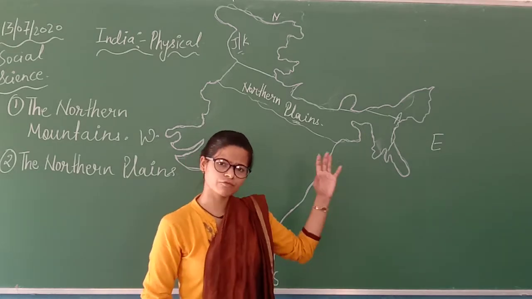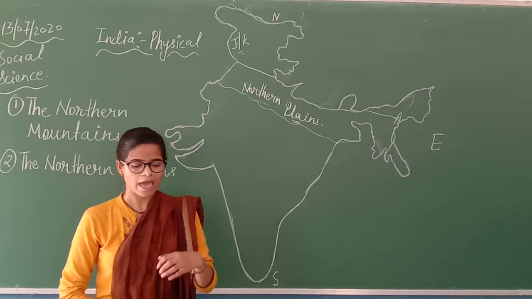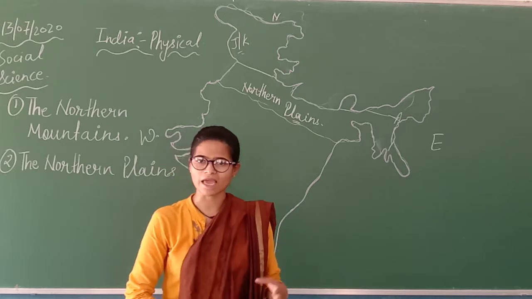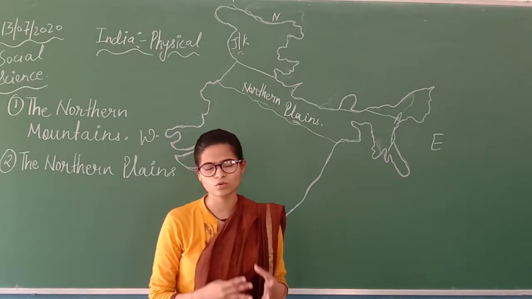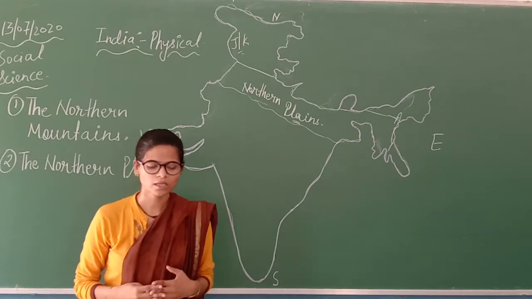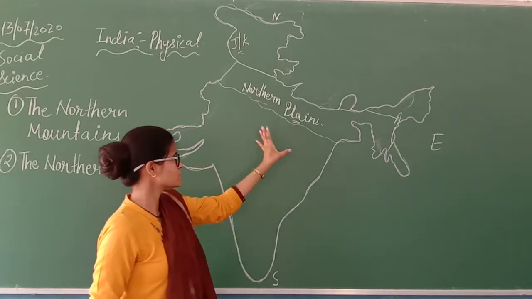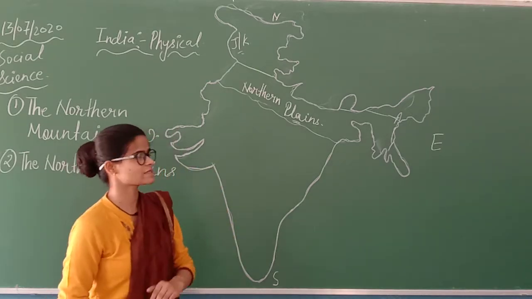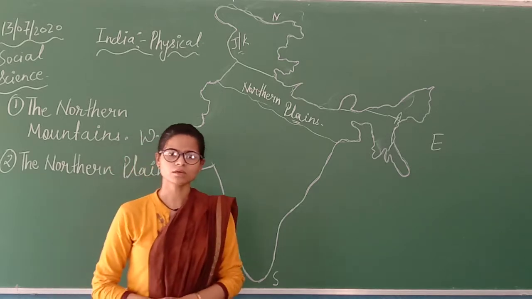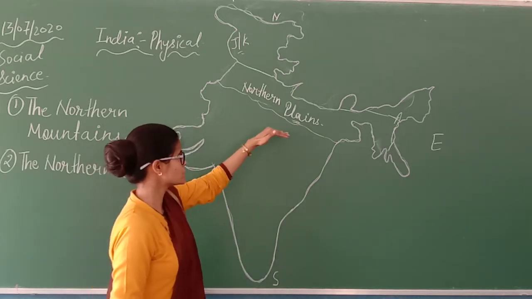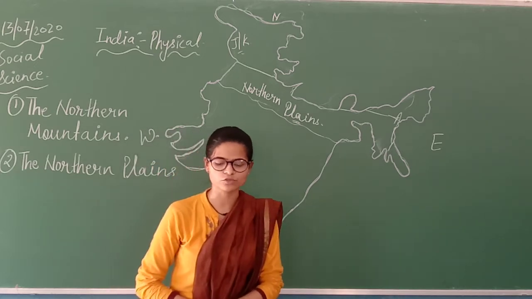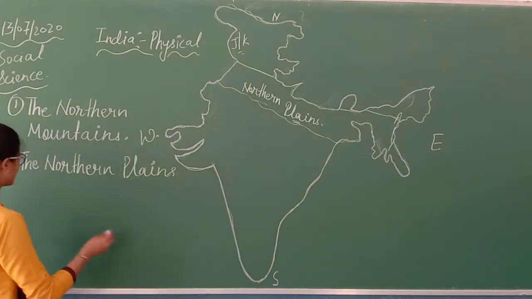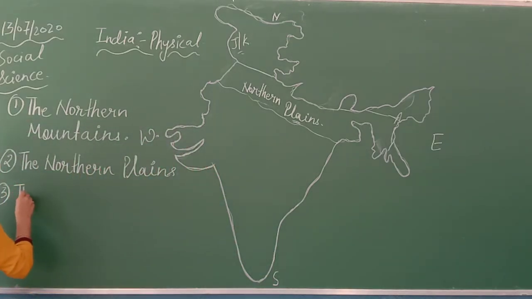These rivers originate from the mountains and bring silt soil with them, which is very rich with minerals. This area is highly populated compared to the mountain area because all the facilities are provided to the people here. That is why this area is very important and is known as the breadbasket of India.